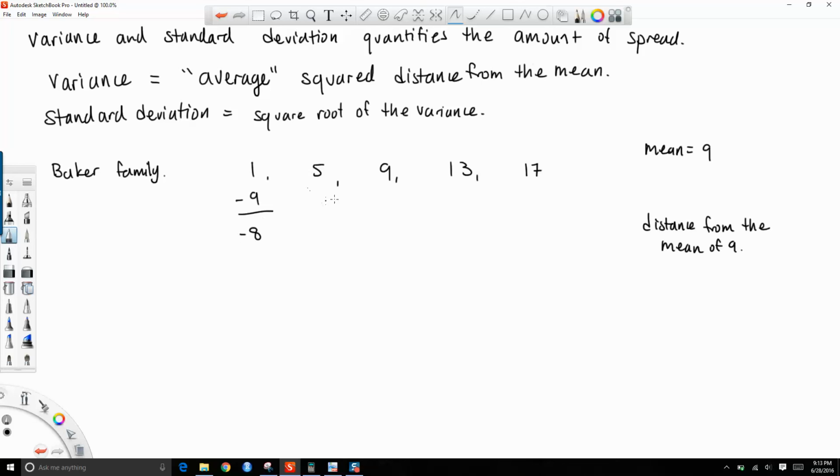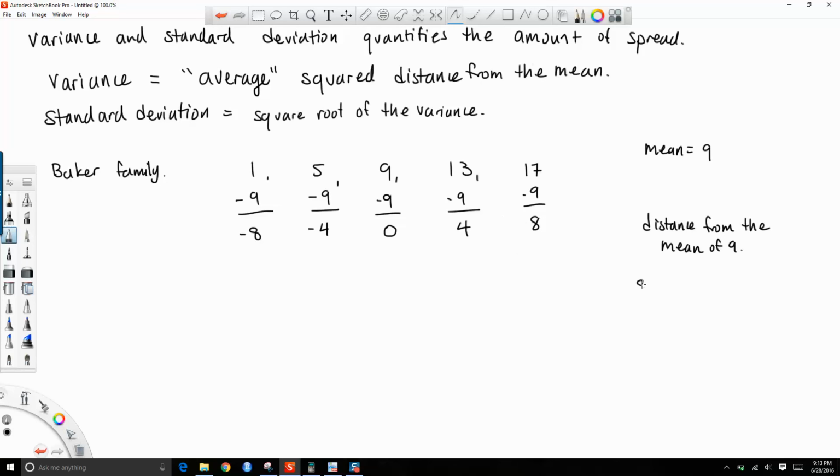How far is 5 from 9? Yeah, 4 units below. What about 9? It's right at the mean. Okay, 13 is 4 units above the mean, and 17 is 8 units above the mean. Okay, so these are the distances from the mean.